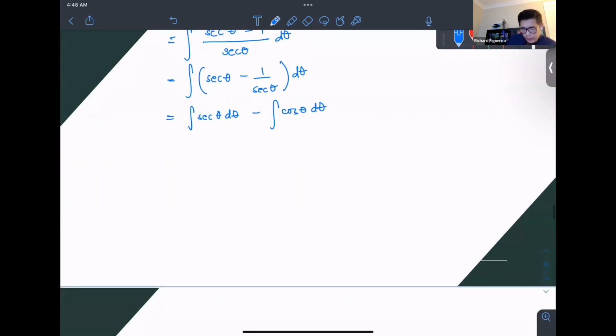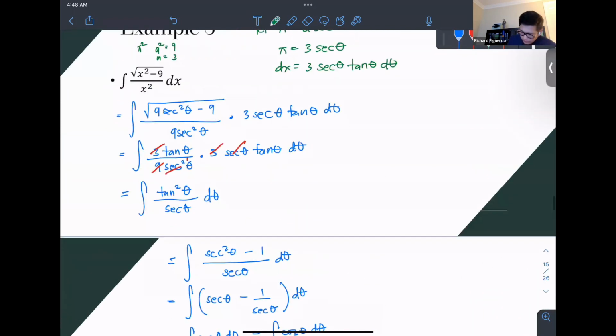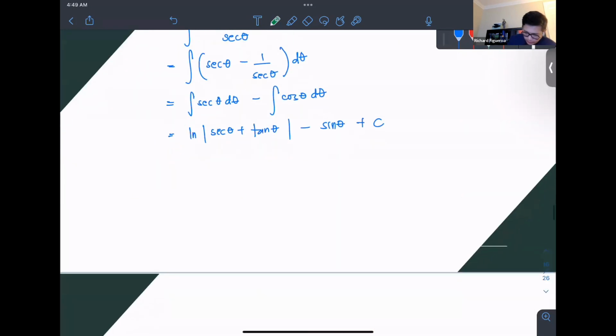So we can now integrate this one. The integral of secant is ln of secant theta plus tangent theta, and the integral of cosine is sine theta, so negative sine theta plus c. So we transform it back. We have x equals 3 secant theta.